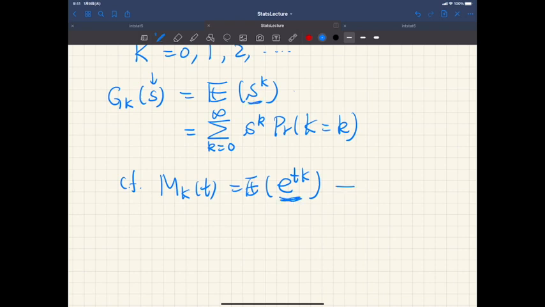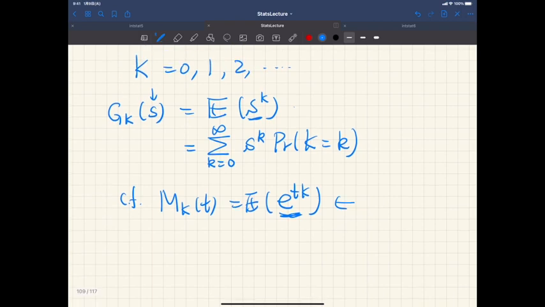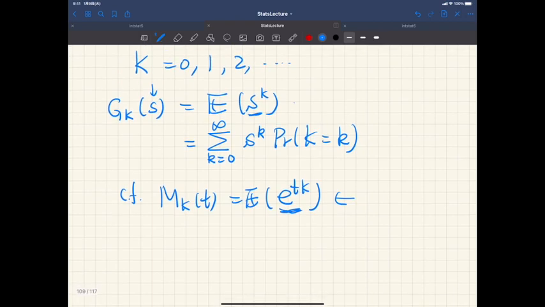The moment generating function can be defined for any random variables, which can take negative values or non-integer values or whatsoever. But this probability generating function can be defined only for random variables that can take non-negative integer values.